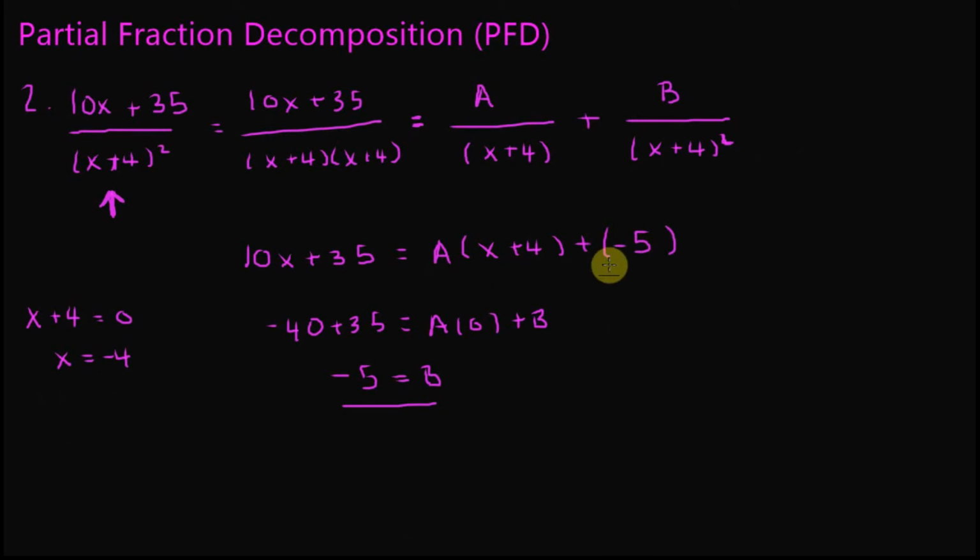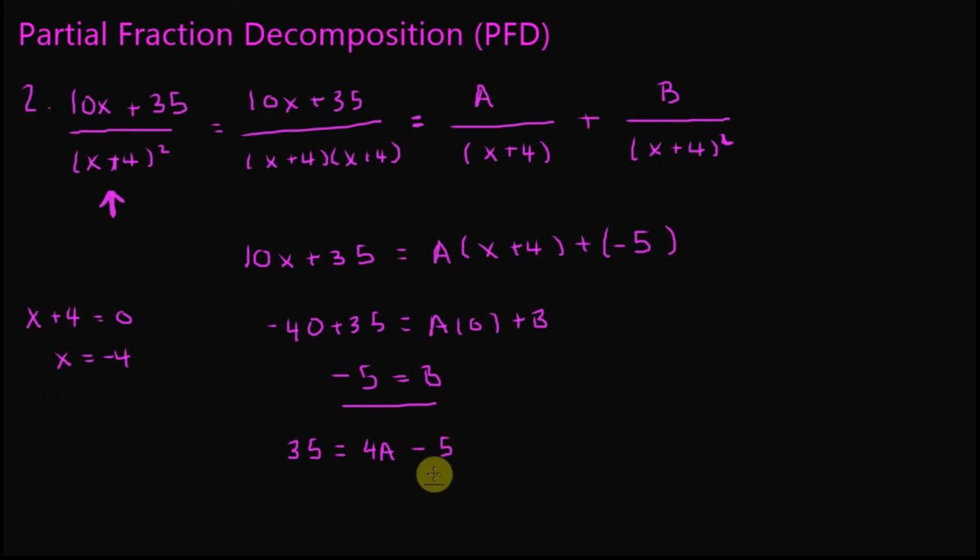Now that b is replaced by a number, it might be easier to see that we can choose any value of x that doesn't make this part of our expression equal to 0, and that will solve for a. So why don't we select an easy one and just let x equal 0. If we let x equal 0, then we have 10 times 0, which is 0, plus 35 is equal to a times 0 plus 4, which is just 4a, minus 5.